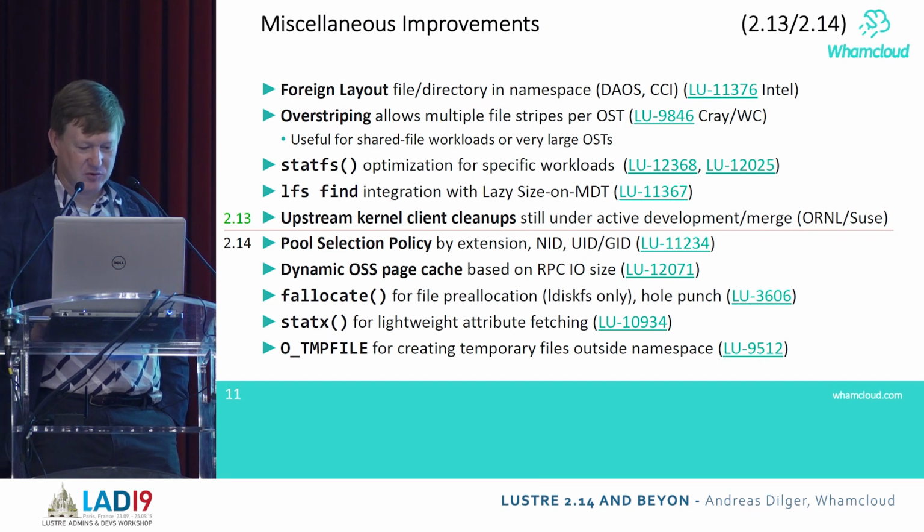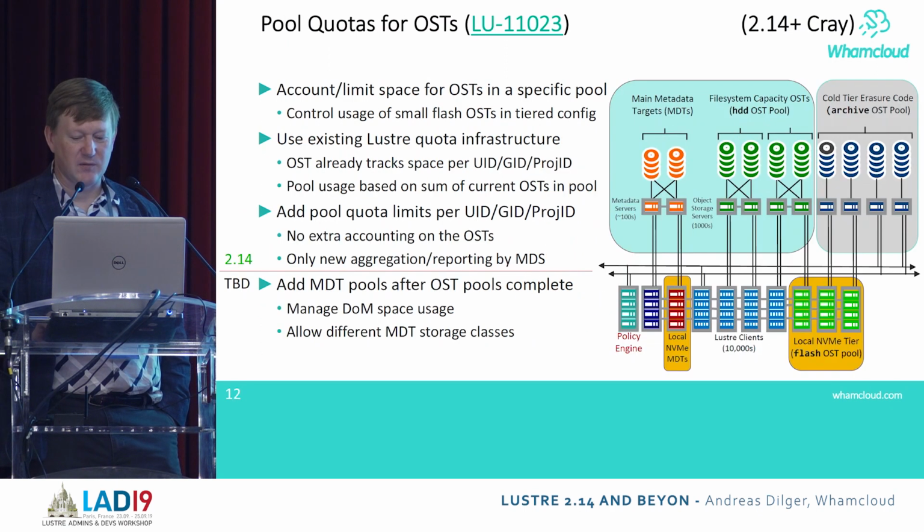Peter mentioned lots of upstream kernel features, a bunch of new, small interface improvements for various workloads, fallocate, statx. While they don't get a whole feature listing on themselves, I think these are all improvements helping users use Lustre better.